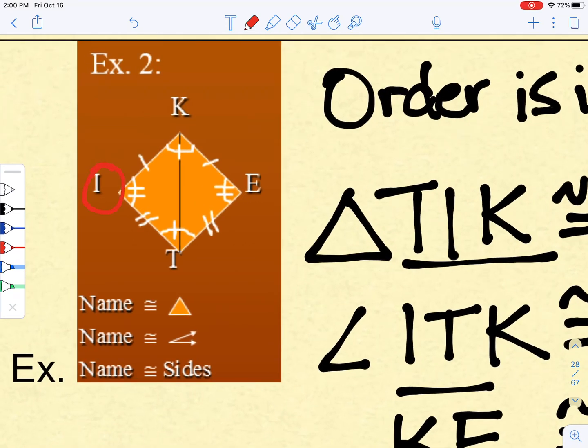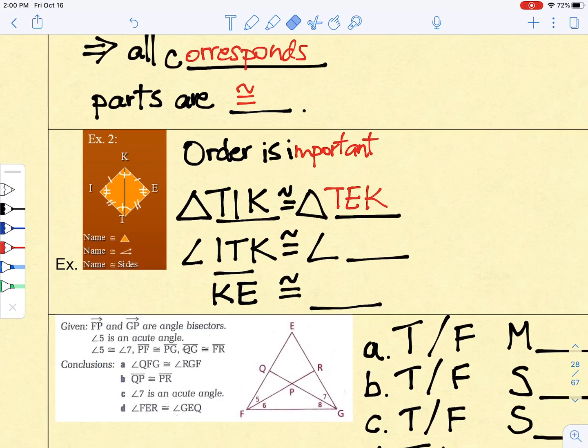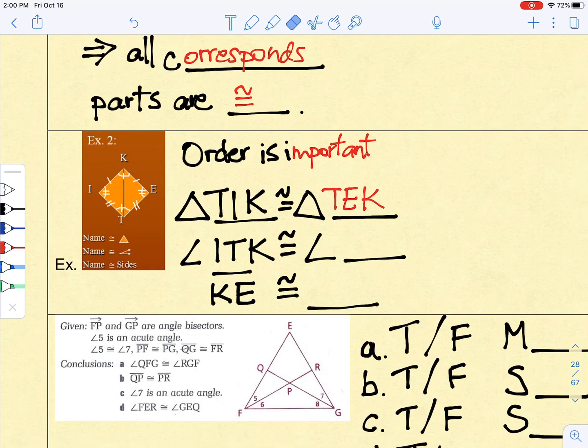Well, we can see here that angle I is congruent to angle E because it's got the double angle marked. So angle IT is congruent to angle, and then we would need to start with E, T, K, ETK, and KE corresponds to KI.